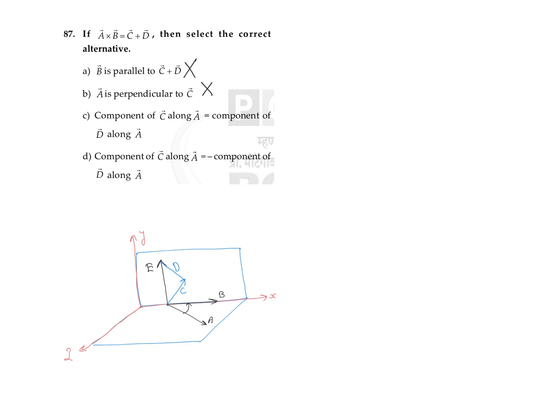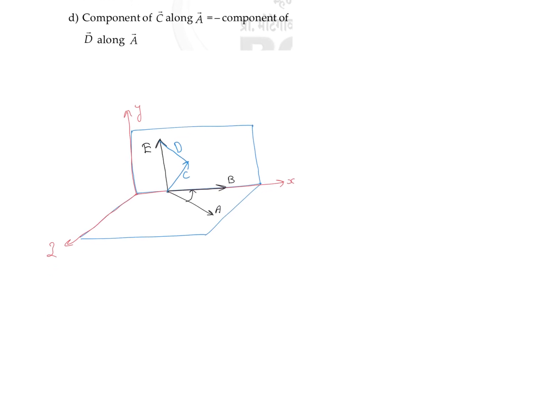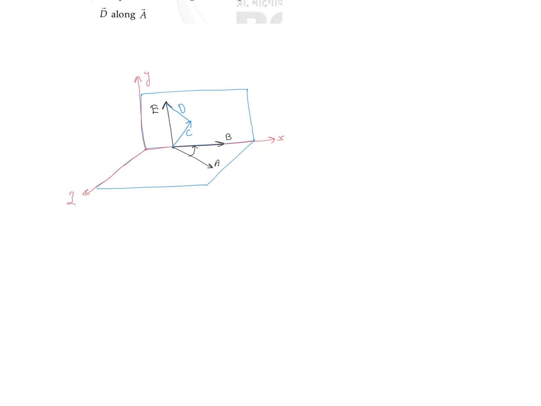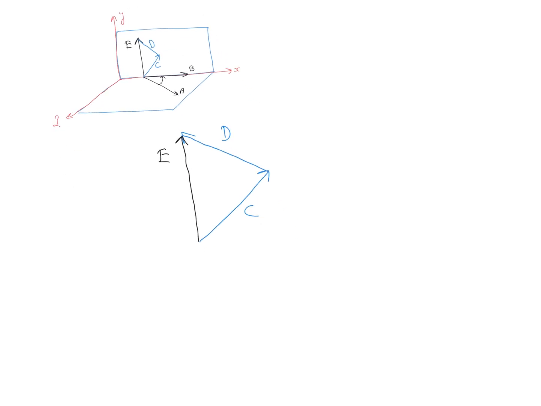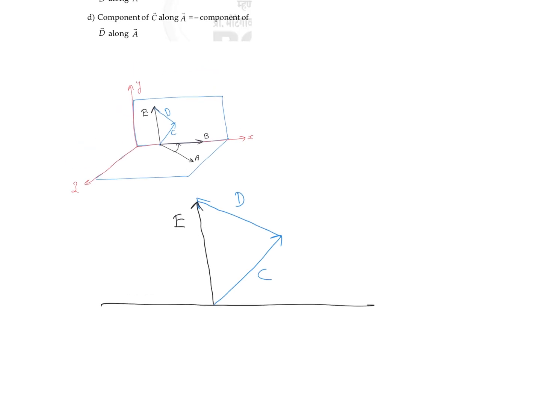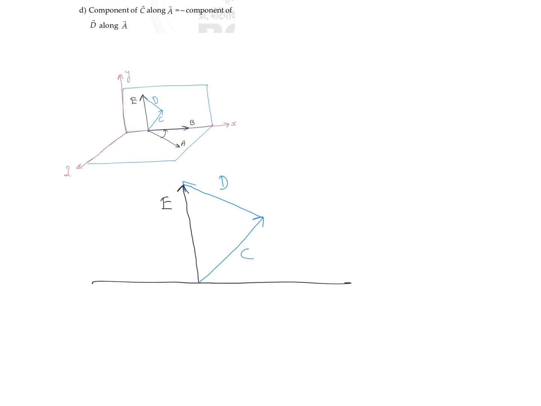Now it is given that the component of C along A is equal to the component of D along A. So just try to understand the meaning of this. Now if you are observing that xy plane, we discussed that there is a vector along this direction, we take it as C, and there is a vector along this direction, taken as D. If you go for C vector plus D vector, we'll get a resultant vector, E. Now if you are observing the component along the horizontal direction over here, the resultant vector is in a direction perpendicular to this line.